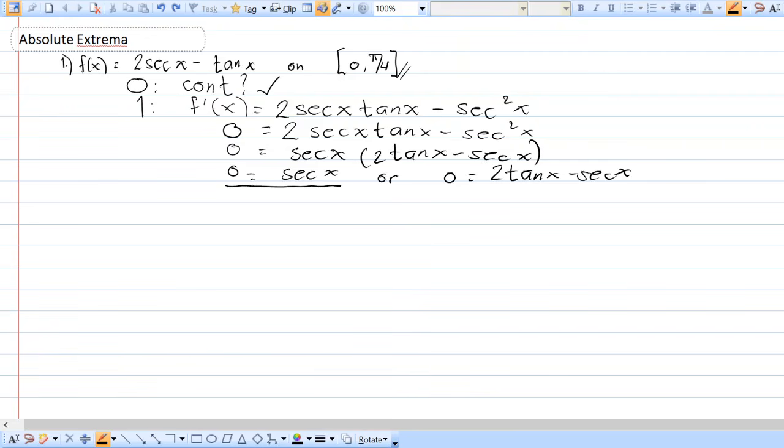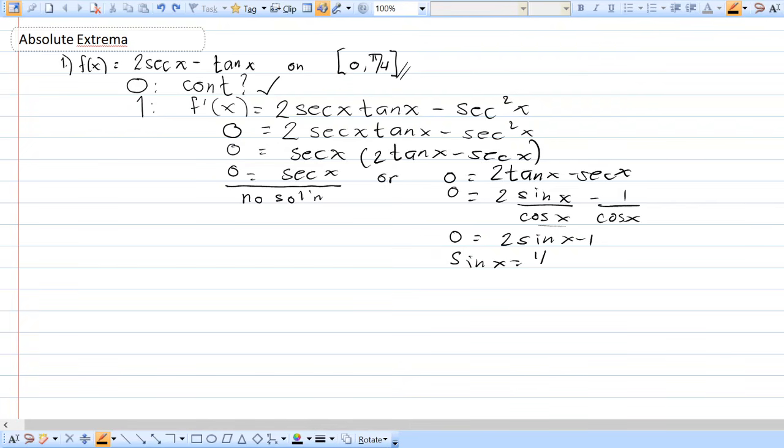Itong part na ito, walang solution yan. Tapos ito, solve natin. So, write in terms of sine and cosine na lang para mas madali. So, we have 2 sine x over cosine x minus 1 over cosine x. Cross-multiply natin yung cosine x. Parang mawawala lang siya. So, 2 sine x minus 1. So, therefore, sine x equals 1/2.